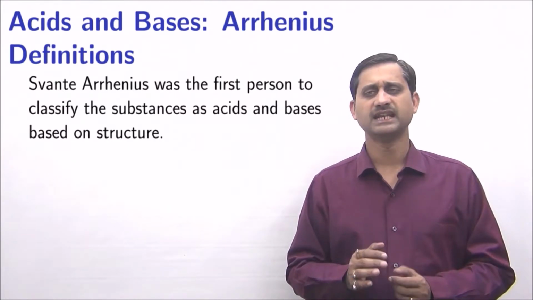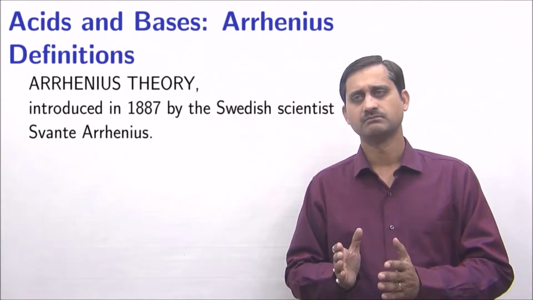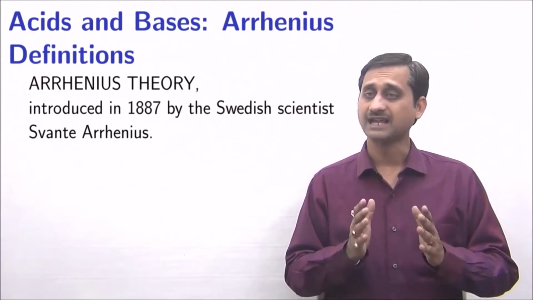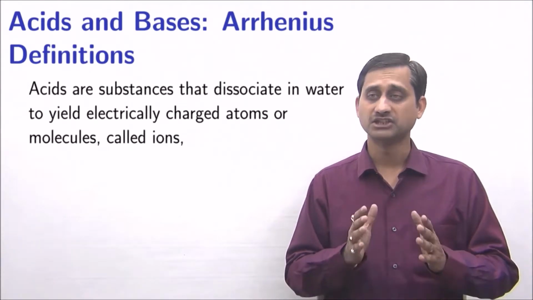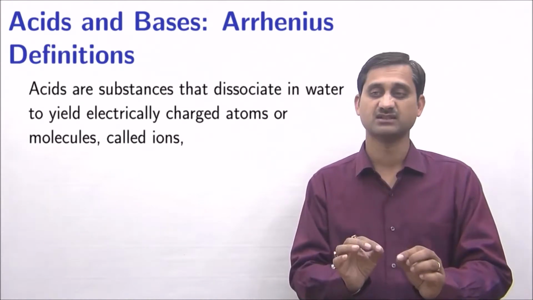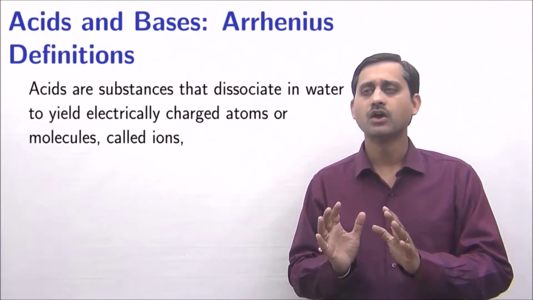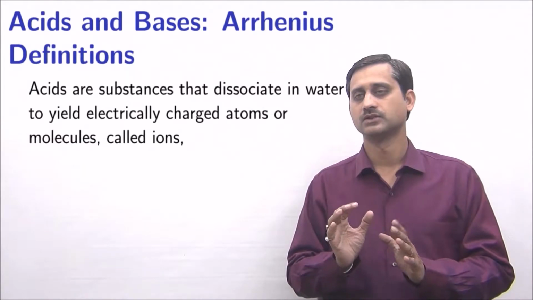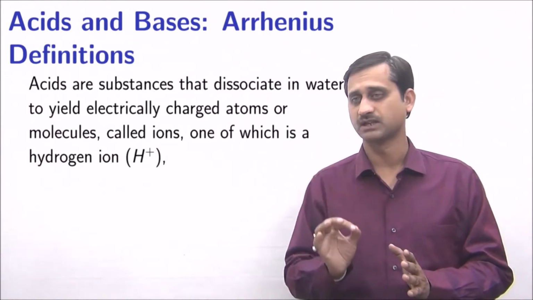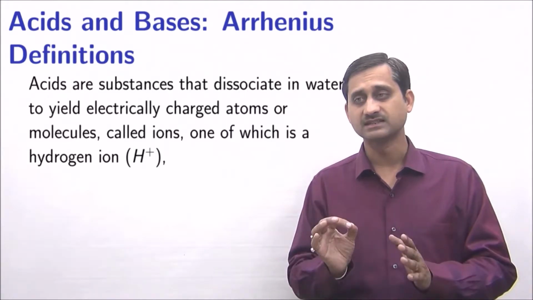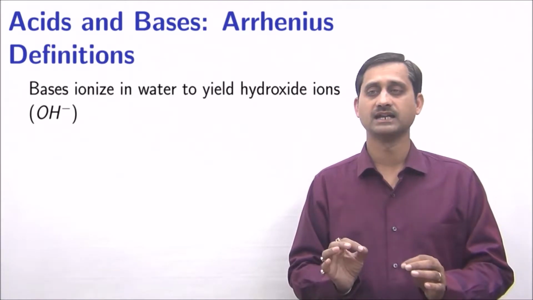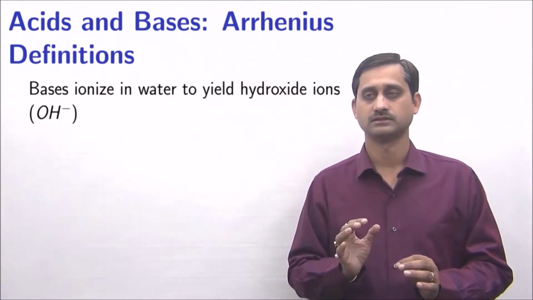Arrhenius' theory, introduced in 1887 by the Swedish scientist Svante Arrhenius, suggested that acids are the substances that dissociate in water to yield electrically charged atoms or molecules called ions, one of which is a hydrogen ion, that is H+, and that bases ionize in water to yield hydroxide ion OH-.